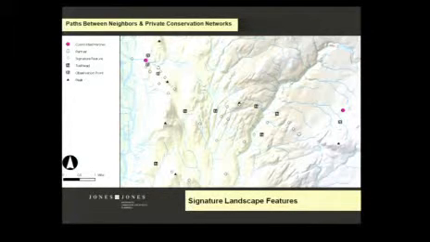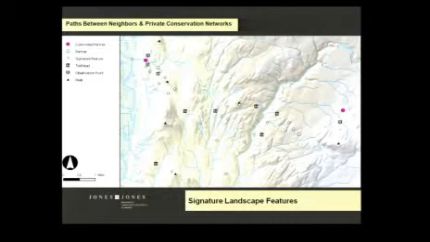And the reason why I like signature landscape features, why we call them signatures, is because when people begin to talk about a landscape, they talk about it as views of a certain wetland, even a certain tree. When we've gone into public meetings and we've asked those people, it's a very simple question: bring us your favorite places.